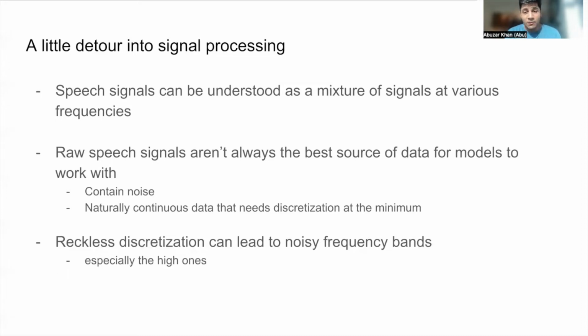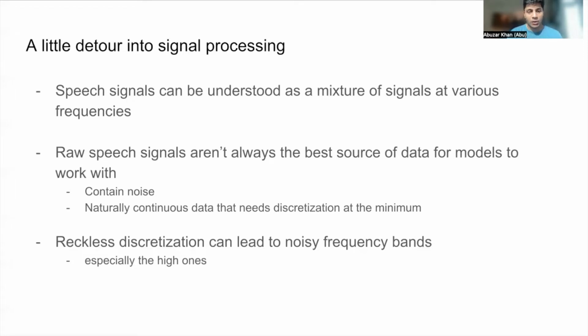So at the minimum, we want to turn it into digital information and then discretize it into chunks. Because our task is speech recognition, what that entails is at the very minimum, understanding what sound was produced. And then from there on, we can do some more processing to find what words were spoken, for example. But again, at the minimum, this sort of discretization does need to be done.